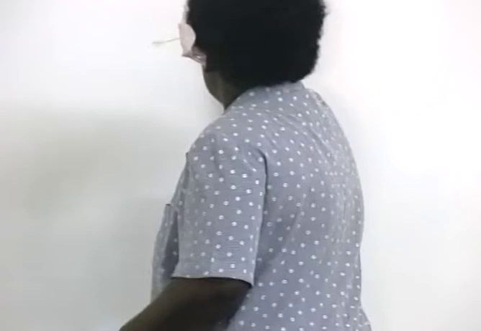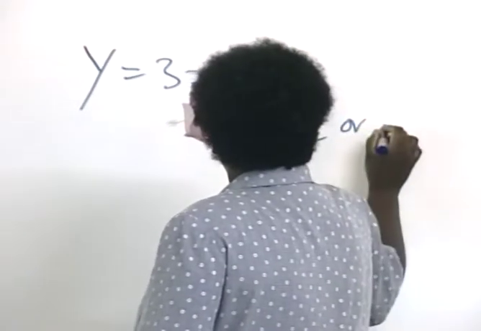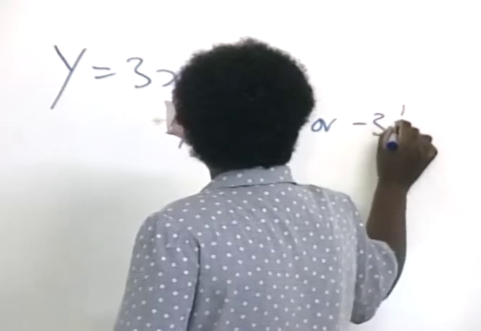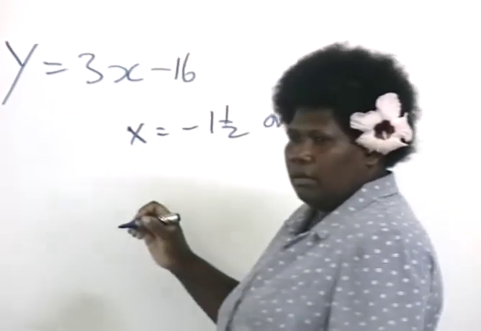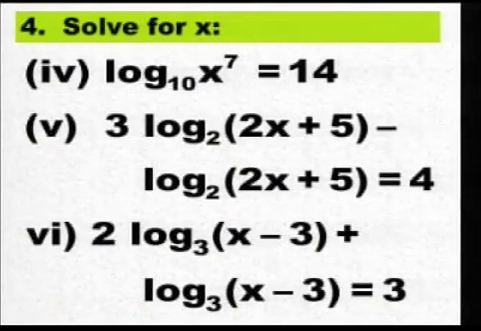X is negative 1.5 or negative 3.5. Okay. Any questions? Number 5. Is that the question I gave you? Okay, yep, I can see it.